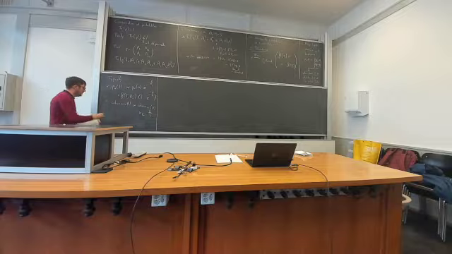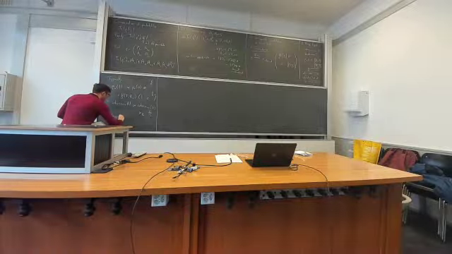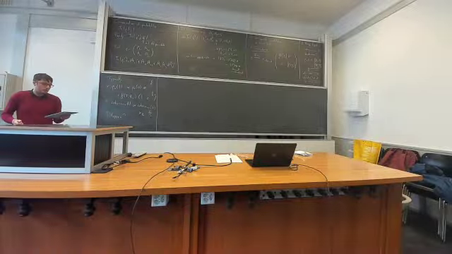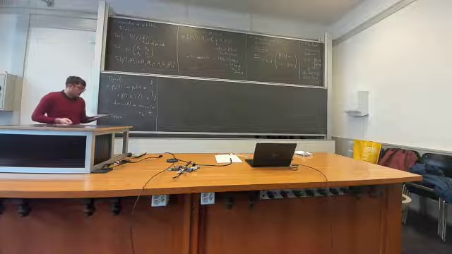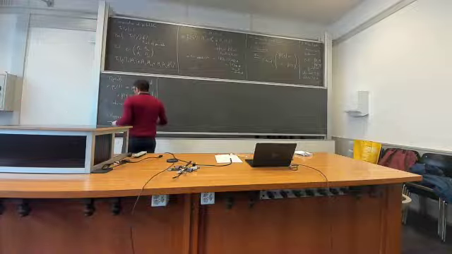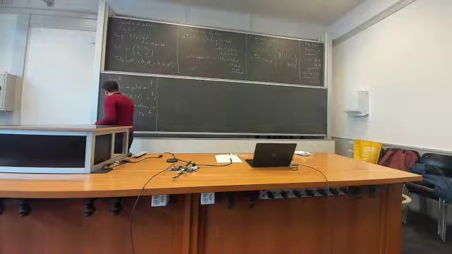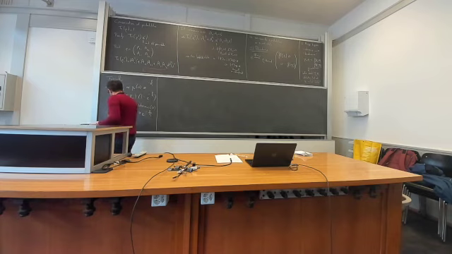Now you can wonder, how does this happen? And this is exactly what we'll mention today. Specifically, there will be two ways. One way is an average over classical noise.